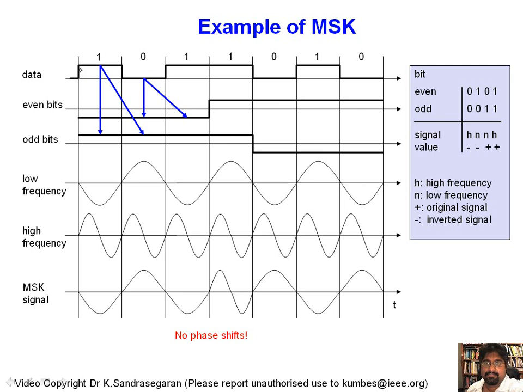So in this particular case, if we have a data pattern that goes 1 0 1 1 0 1 0, we divide it into the even bits and odd bits. So for example, if this is 1, then it's 1 and 1 here. Where it's odd, it remains 0 and 0. So the even bits change at every even position, whereas the odd bits change at every odd position.